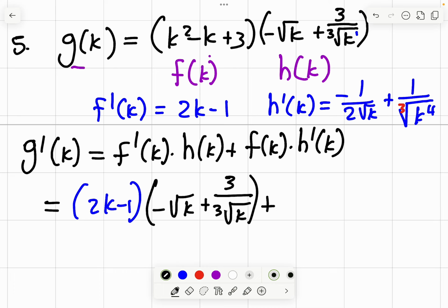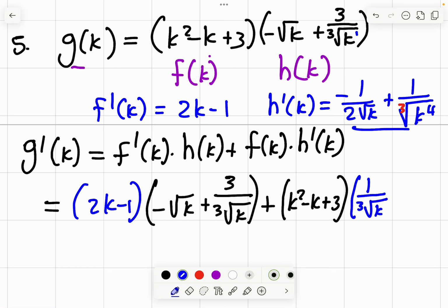Therefore, I have plus, I keep the second one, the first one, which is k squared minus k plus 3. Therefore, I derive the second one, which is h prime of k, which I can write as 1 over 3 root k to the 4 minus 1, therefore I have 2 root k. That is the derivative of that function.